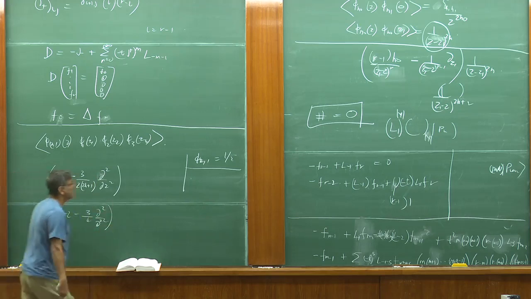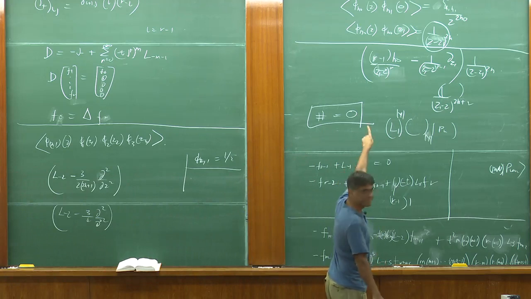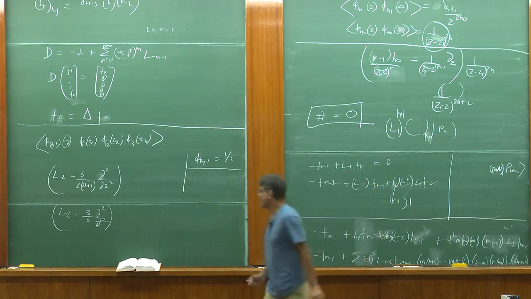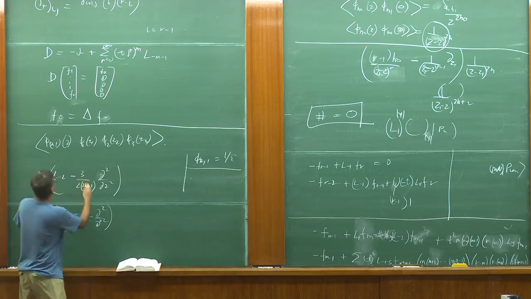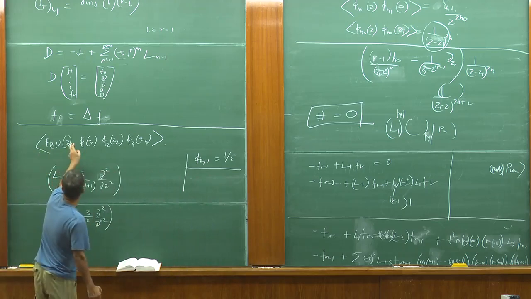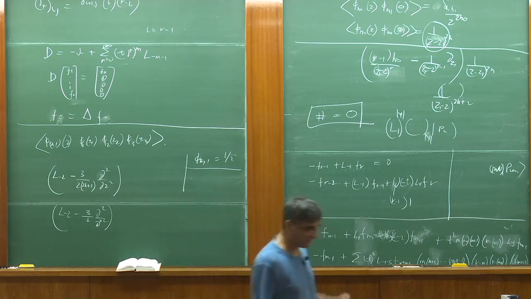Okay, and this L minus 2 was listed up there, right? So what we have to do is to act with this operator on the sum of these three things. Okay, so we're going to get a very particular differential equation.